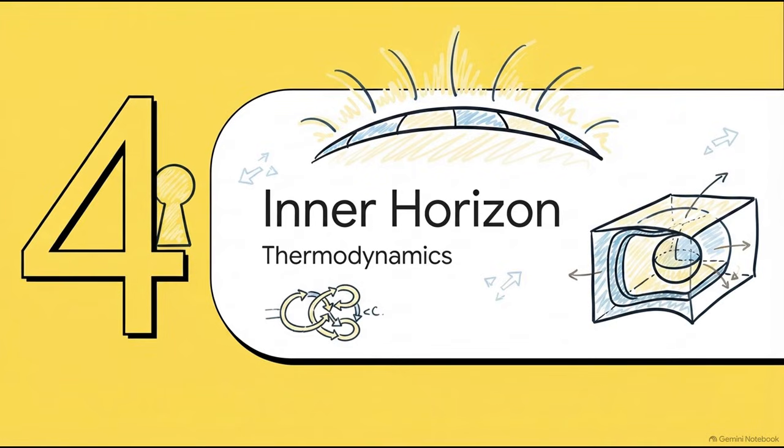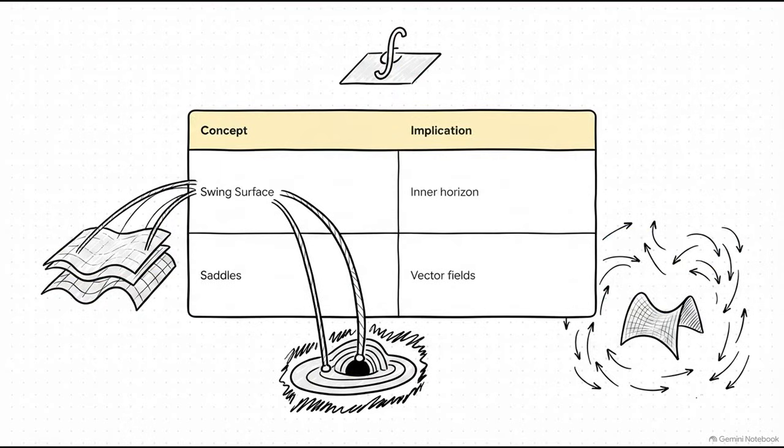Let's get into Section 4, Unlocking the Inner Horizon. We can actually map these incredibly dense mathematical tricks straight to some profound physical implications. Because of those light-like ropes, the swing surface pushes the mathematics much deeper into the bulk space than standard models do. Actually, it pushes so deep that it starts probing the inner horizon of a topological black hole.